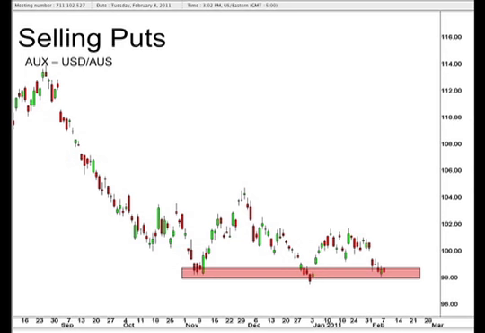Ultimately, the idea is that you're going to collect a premium, and as long as the pair moves to the upside or stays the same, those option premiums are going to expire, and you keep the difference. Well, what we're ultimately doing is we want to identify an area where, in this case, the pair just cannot break below.